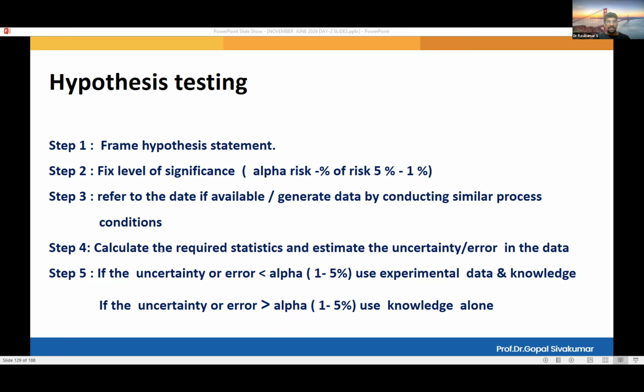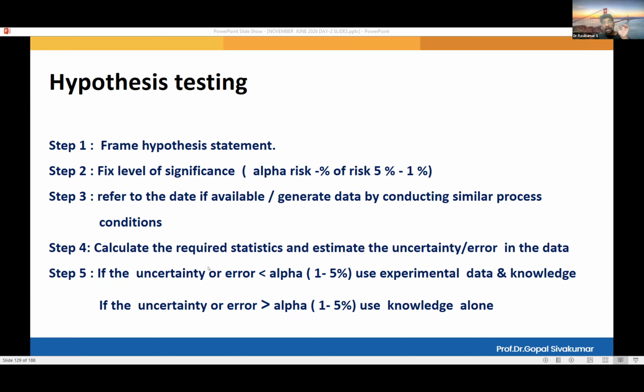If the alpha value which you calculated in step 4 is less than the alpha value you have fixed for your process, I am not saying 5%. For a medication process or a medical surgery, you cannot fix the alpha value as 5%. You can fix the alpha value at less than 1%.